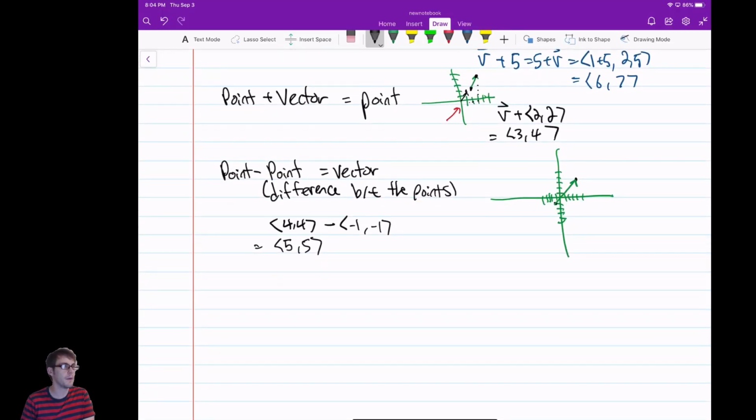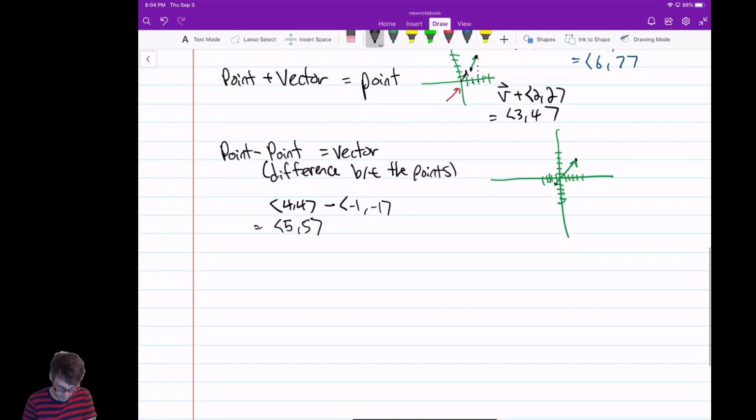Now, the other thing I want to talk about is how do we convert a point to a vector? Okay. Well, they're kind of the same thing. If I have a point, I'm allowed to think of it as a vector because I just told you to convert points to a vector, I use subtraction. So if I have a point, I can just subtract the origin.